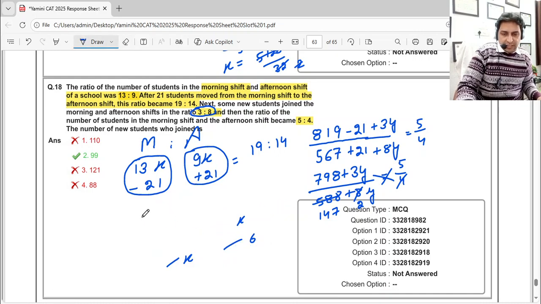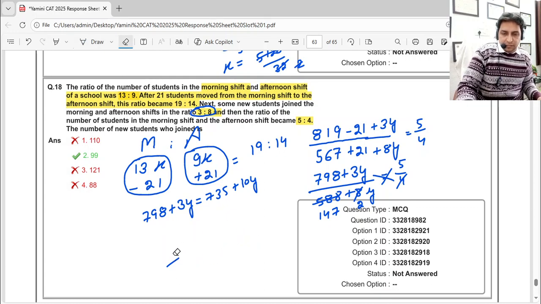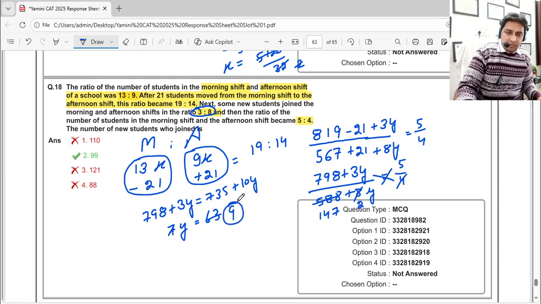So this is 798 plus 3y, that is equal to 147 into 5 is 735 plus 10y, that means 7y is equal to 63. The value of y is 9. So the value of y is 9. The number of people joined 3 plus 8, 11y, that we put here. So 11 into 9, the answer is 99 people have joined at the end. So that is the answer here.